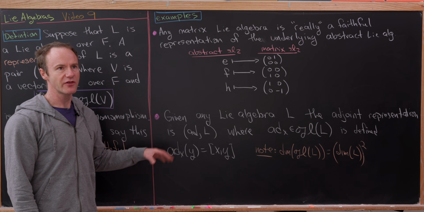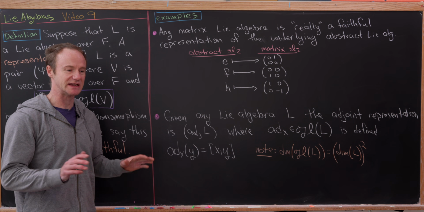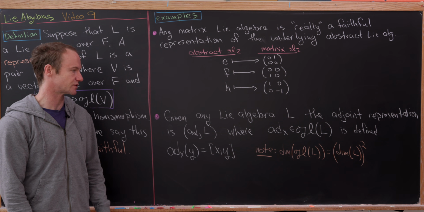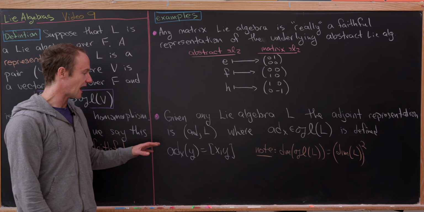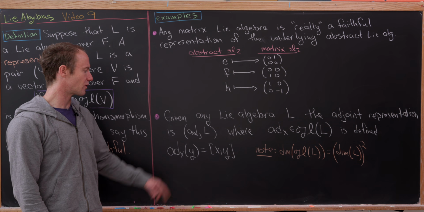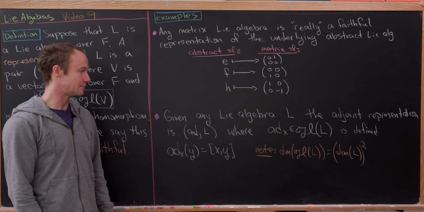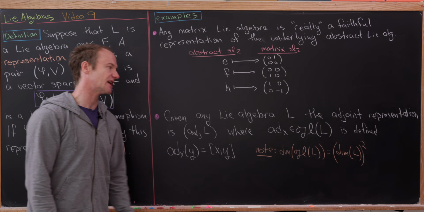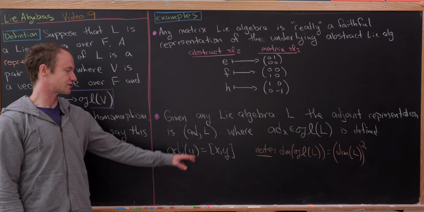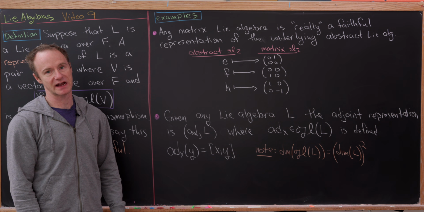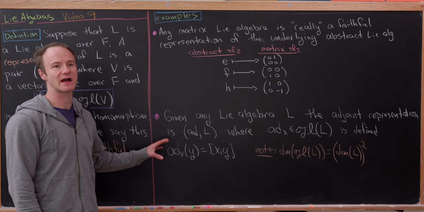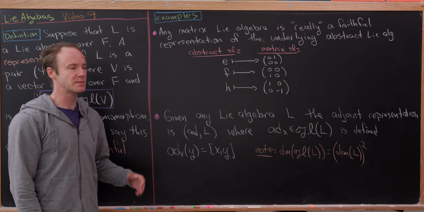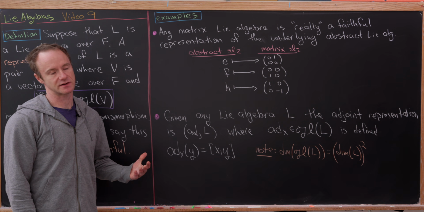Another important representation that you can easily build out of any Lie algebra is called the adjoint representation. We'll call that homomorphism ad, and we'll define ad x inside of GL(L) by ad x (y) equals the bracket of x with y. We've dealt with something like this before, when we were working with Lie's theorem and Engel's theorem.